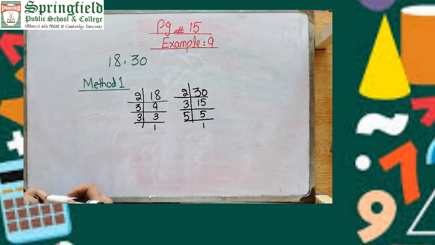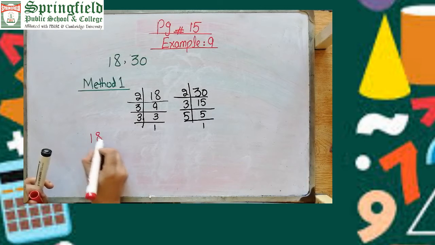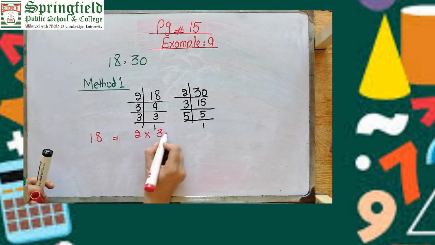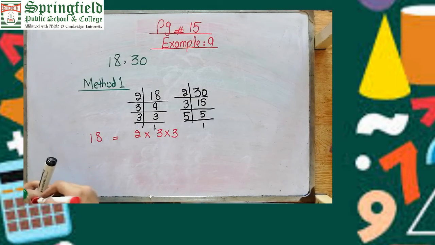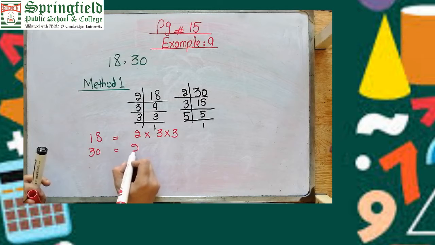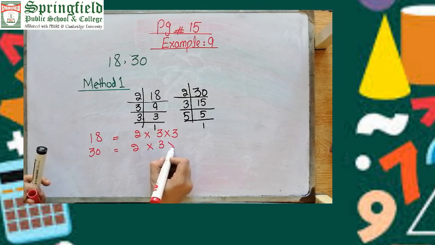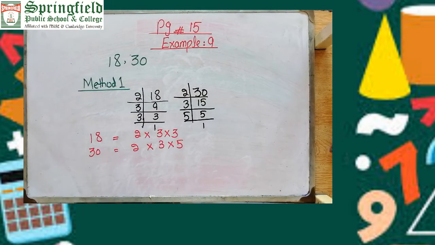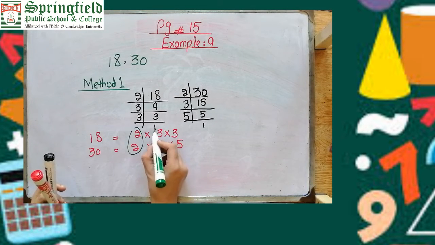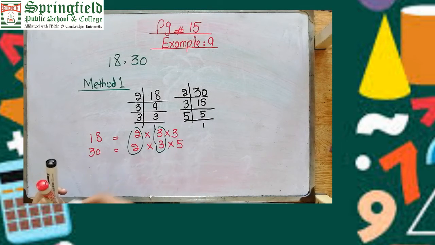So write down the factors of 18 and 30. The factors of 18 are 2 multiply 3 multiply 3, and the factors of 30 are 2 multiply 3 multiply 5. First we make pairs of common factors. 2 is common, 3 is common, and no more.